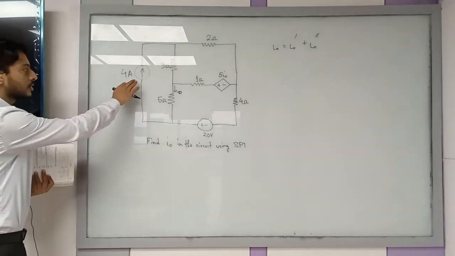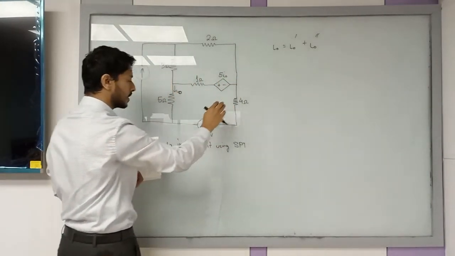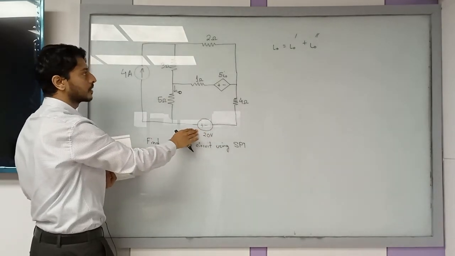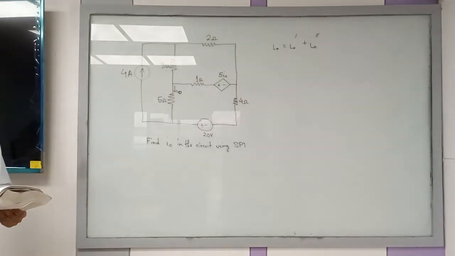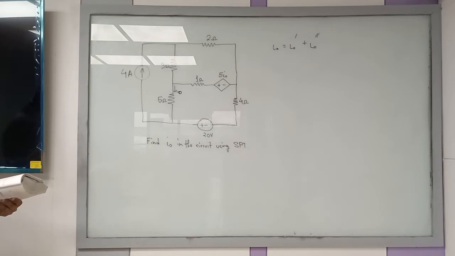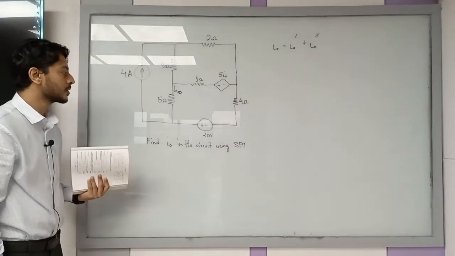Considering one of the sources active, I will get I naught prime. Considering the other source active, I will get I naught double prime. Okay? So in the book, they have done it in this way.